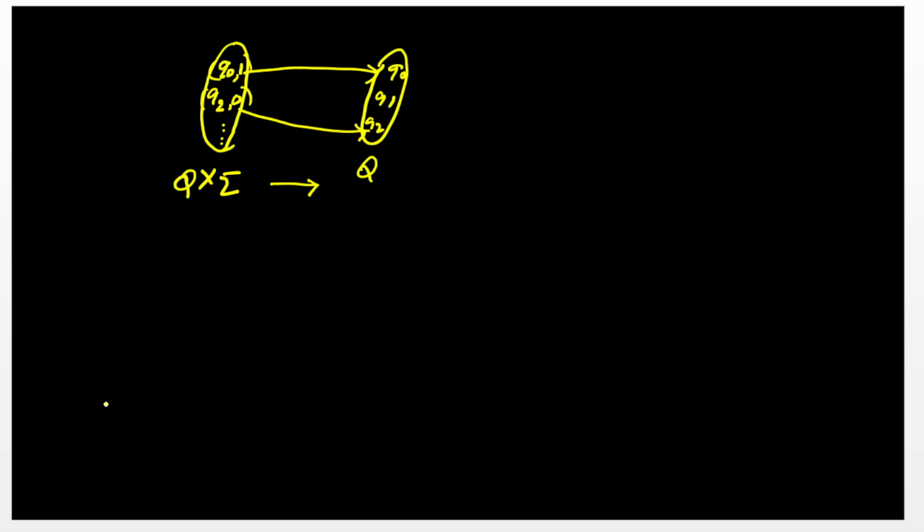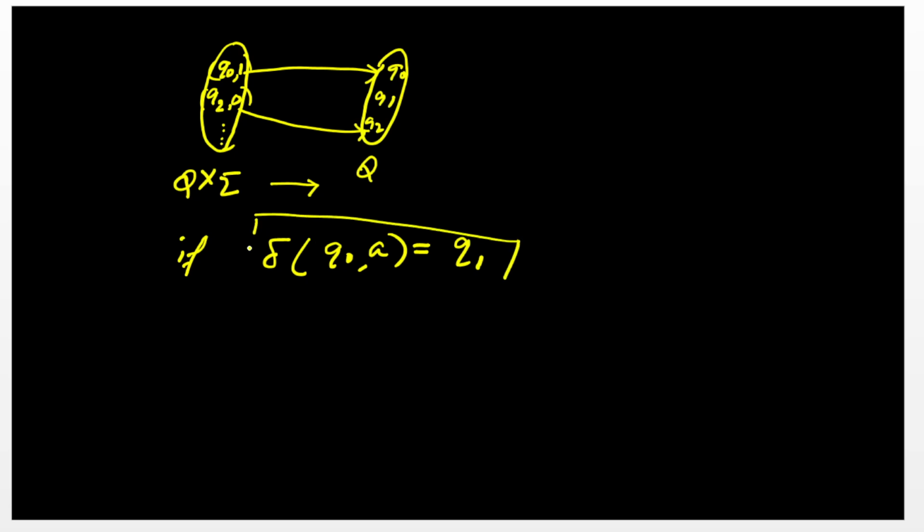So the transitions from one state to another state are basically governed by the transition function delta. So suppose delta(Q naught, A) is equal to Q1, what is the meaning of this?